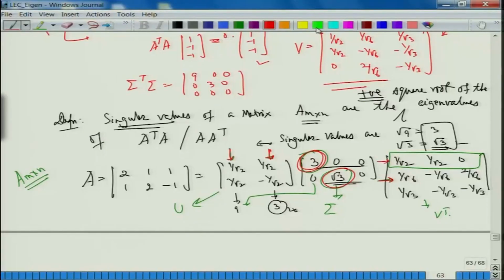Again, I want you to be very careful to understand that these 2 vectors that I am looking at, this vector and this vector, are perpendicular.